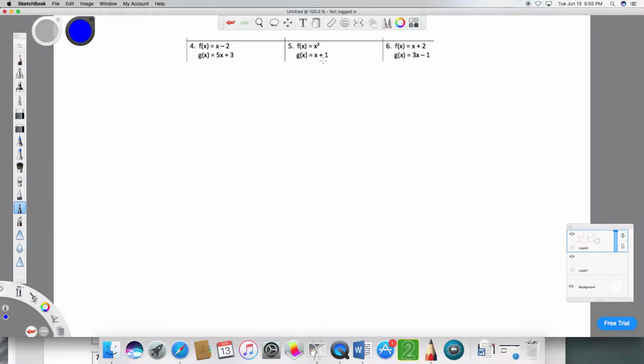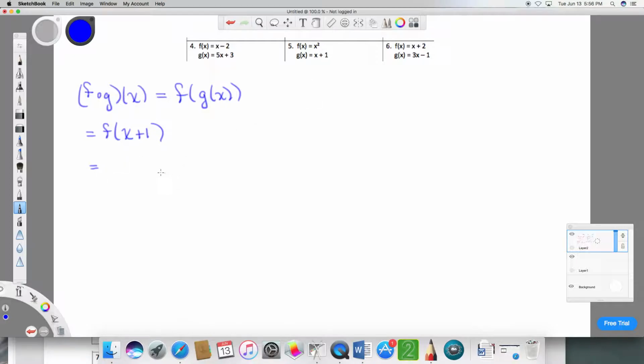Let's take a look at number 5. If we find F composed with G of X, G is the function x plus 1, F is the squaring function.